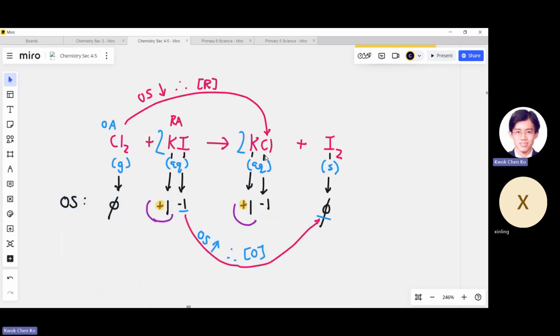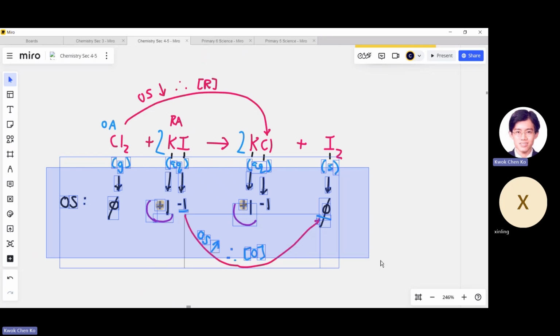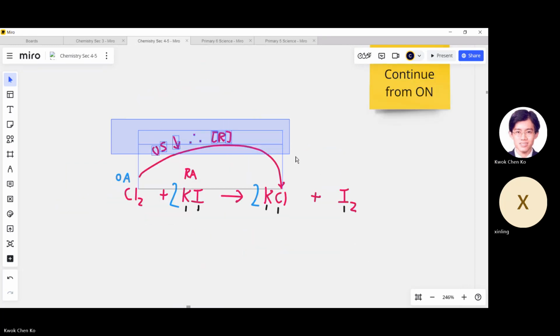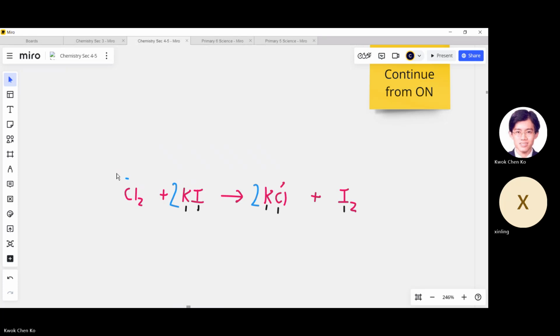I hope you have written everything down, because I'm going to erase some of it. Assume you have worked out all the OS already. So now let's look at another layer.